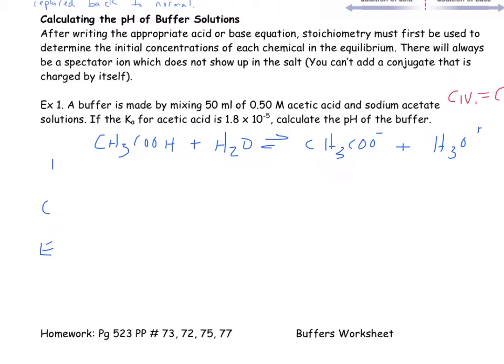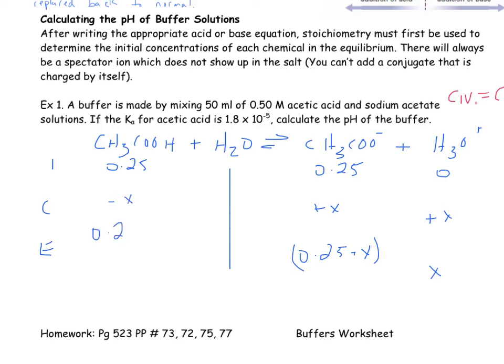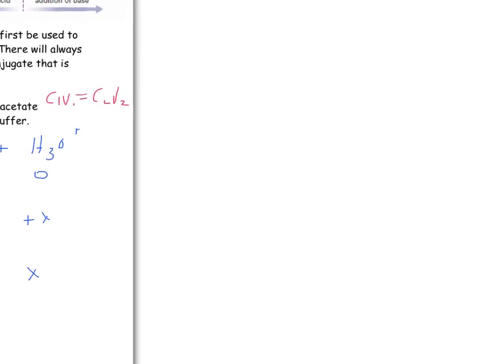That essentially means that we are going to be cutting our concentrations in half. Because this is an acid equilibrium, I need to solve my concentration using a Ka.